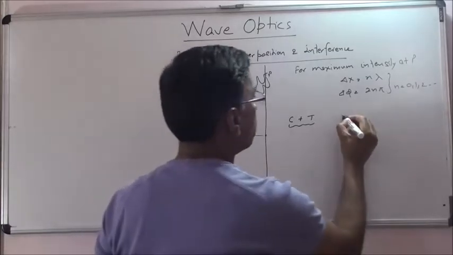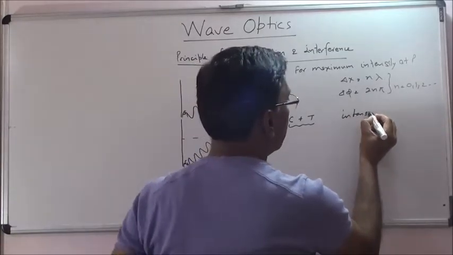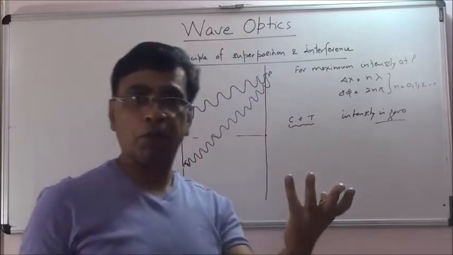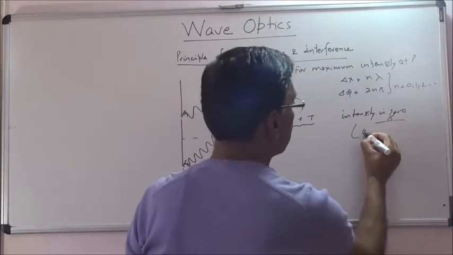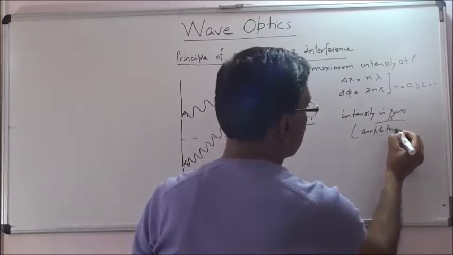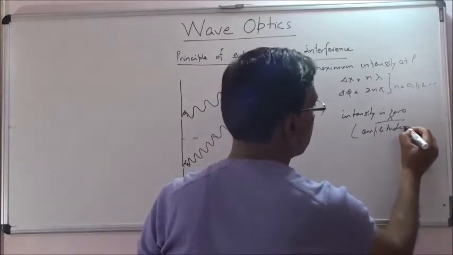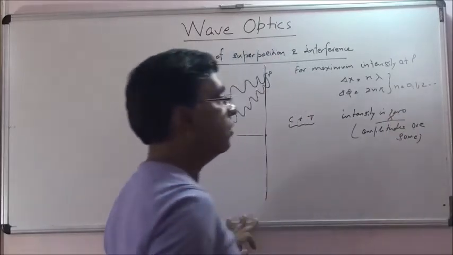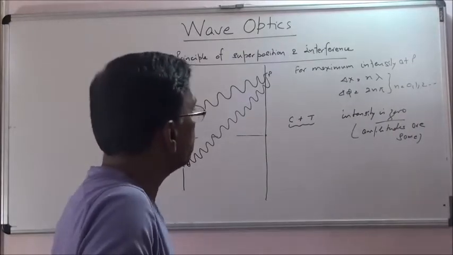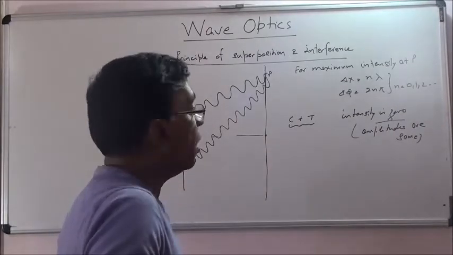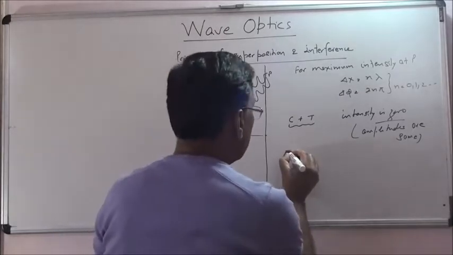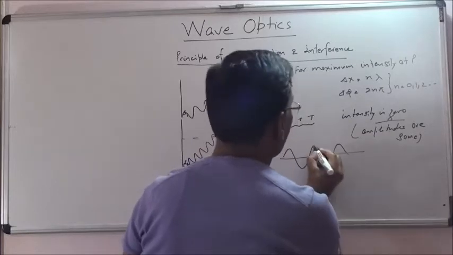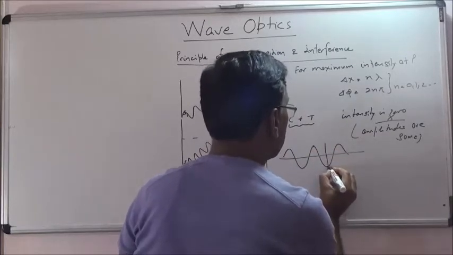Again, the intensity will be 0, provided the amplitudes are the same. Now tell me, what is the path difference or phase difference for one crest and one trough?